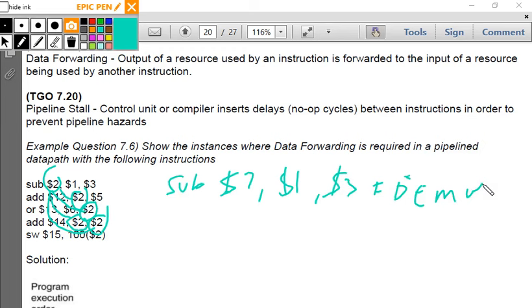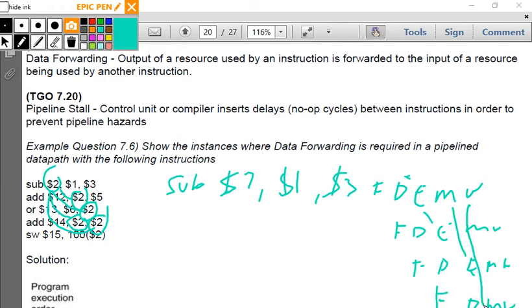So then here we know 2 is in the next one, so we have FD, EMW, so we have the forwarding there, right? And then FD, EMW, so you have to forward to the ALU, right? And then here for add, FD, here, so right back, forward to the execution. So we're able to do that without inserting any stalls.